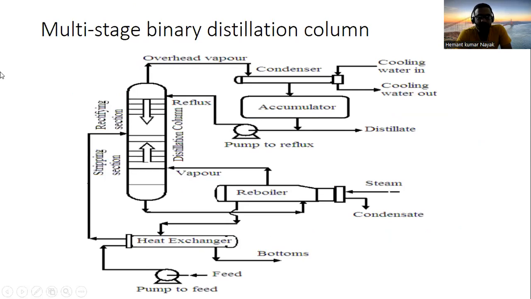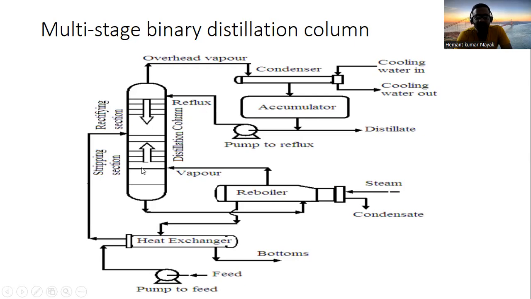So we can see the multi-stage binary distillation column. Why are we saying multi-stage? Because different trays are there. And binary means a two-component mixture, like benzene and toluene, or methanol and ethanol. That's why it is a multi-stage binary distillation column.